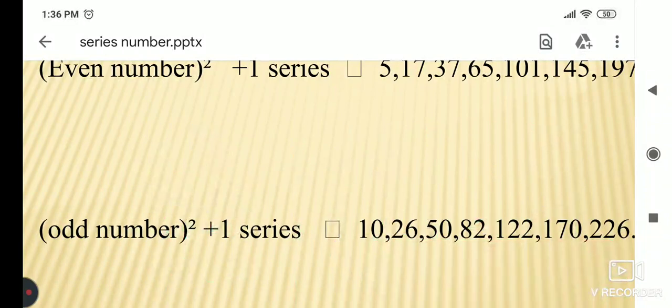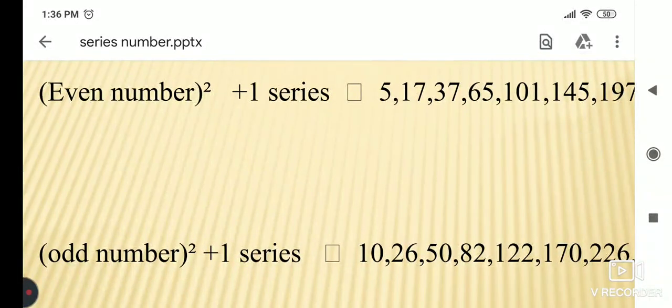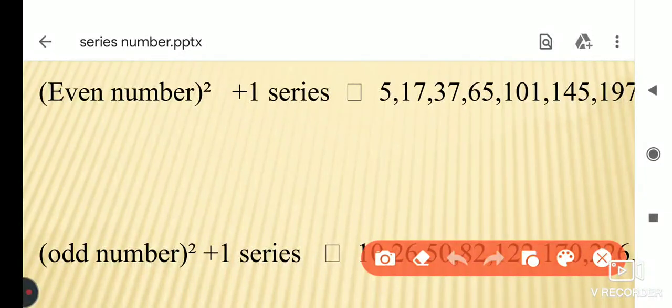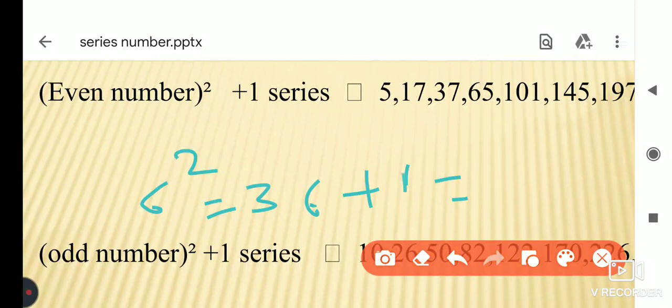The next number is 37. The square of 6 is equal to 36, and when we add 1 to 36, we get 37. So the pattern followed in this example is even number square plus 1.